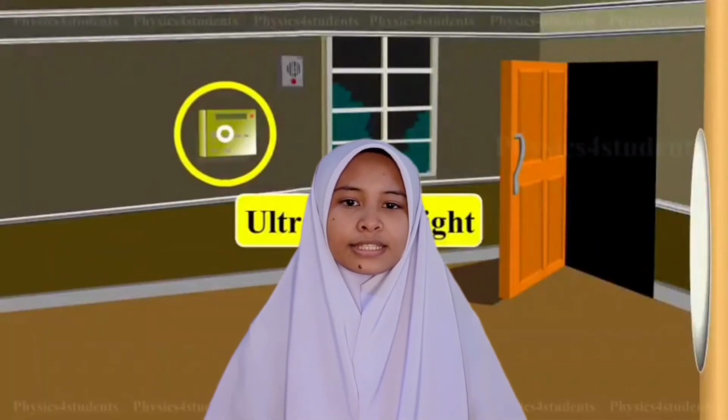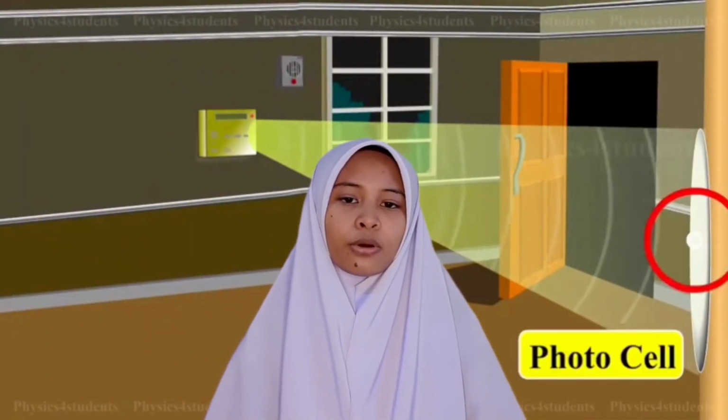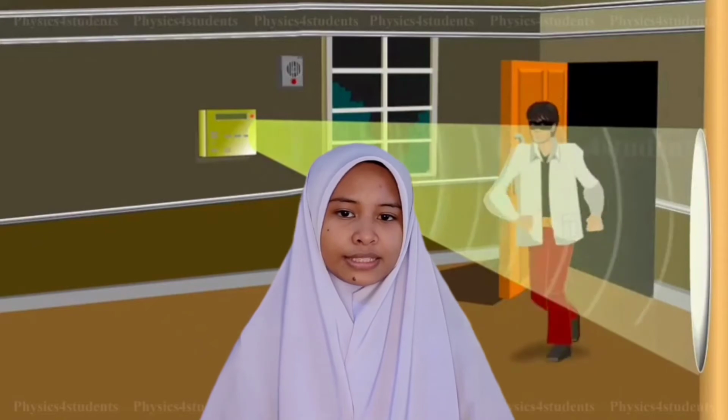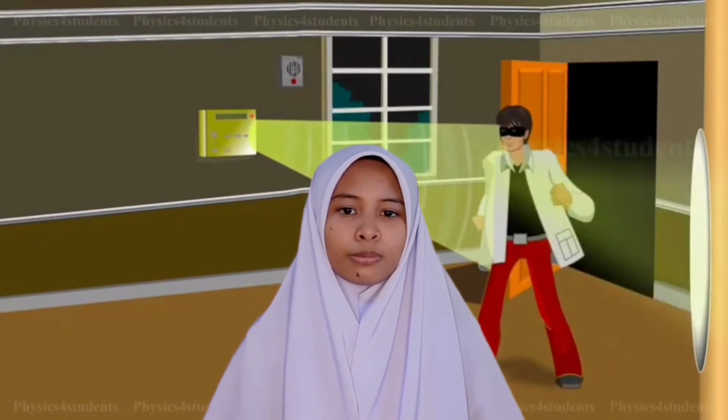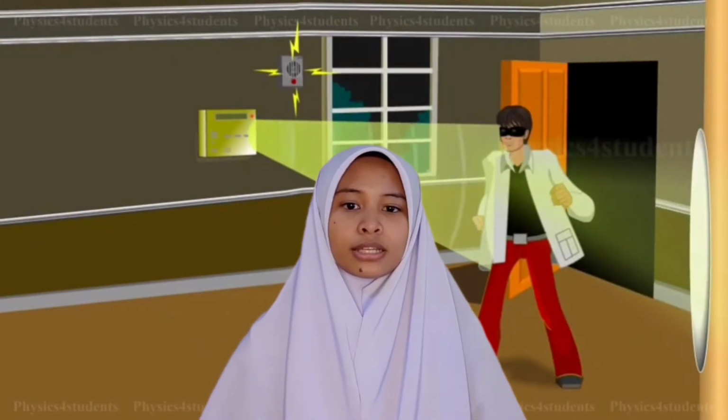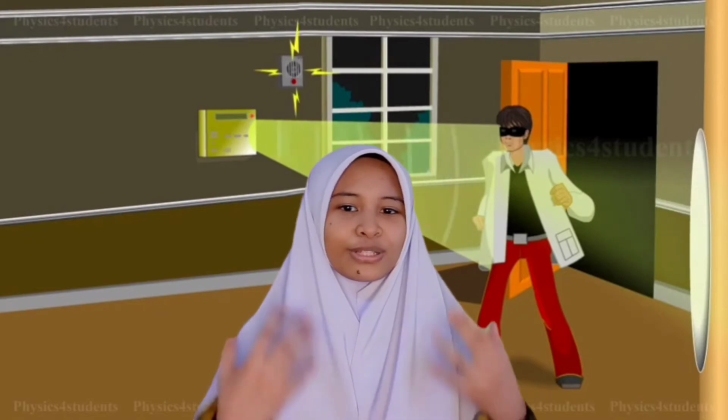The circuit is designed in a way which keeps the alarm off when current is flowing and triggers the alarm when current stops flowing in it. As soon as an object blocks the light from reaching the photocell, such as the motion of a burglar, the current is cut off and the alarm is triggered.